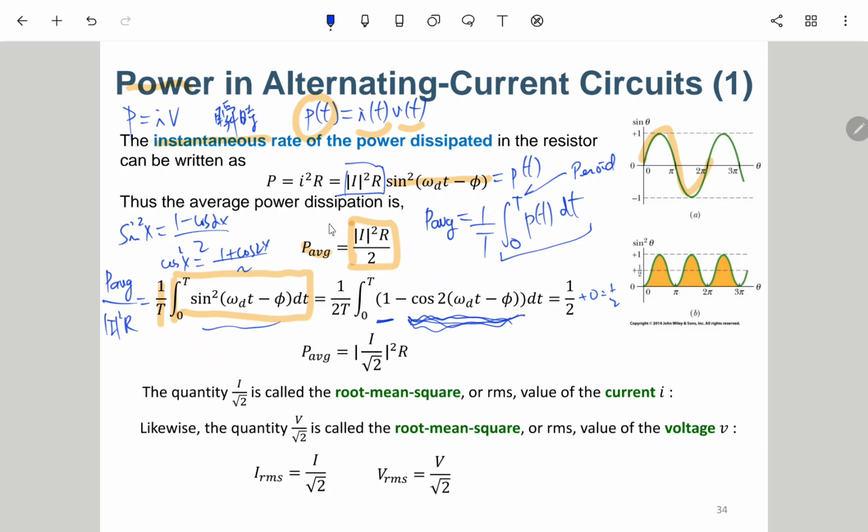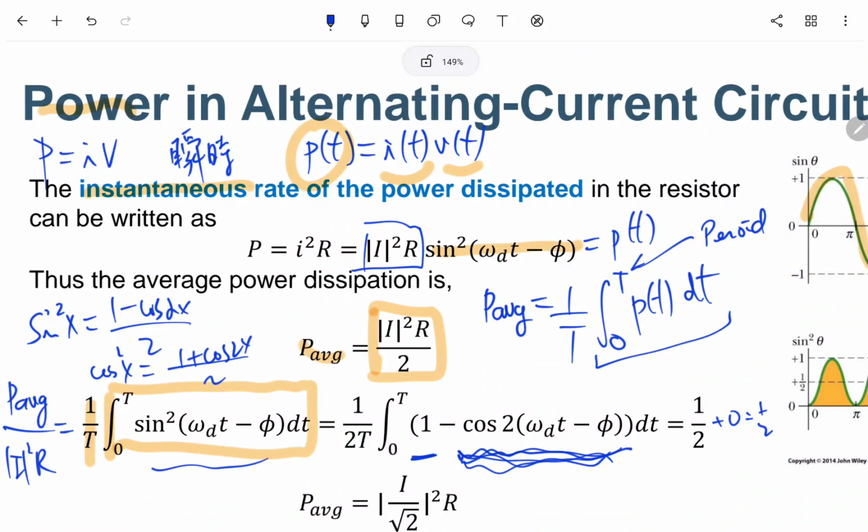Okay, so the point here is if we have the DC, okay, P equals IV, and then if it is for a resistor, it is nothing but I square R. But here we have I square R over 2.